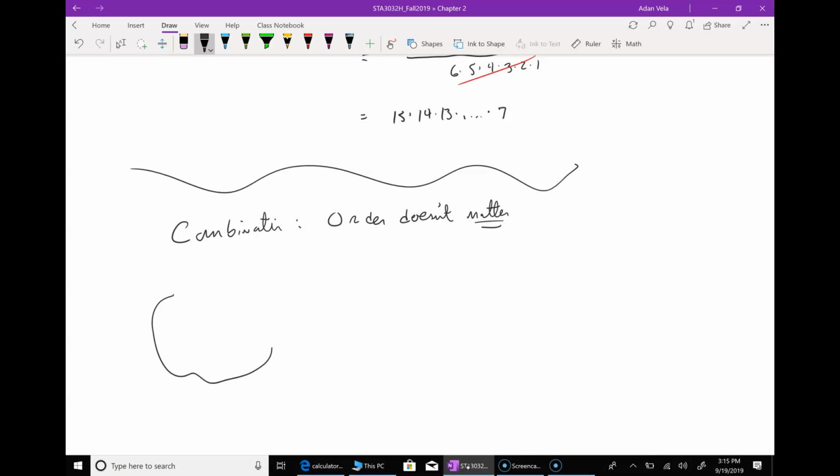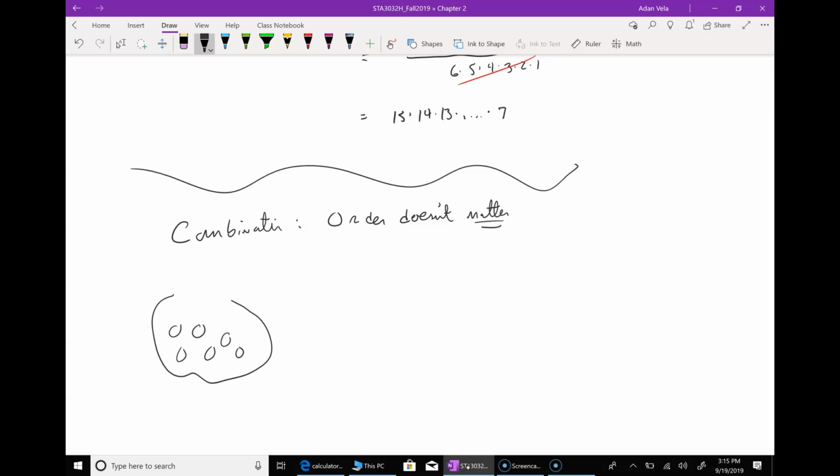Okay, so we might still have our bag of balls, right? Or in fact, I think the example that I use is sort of lottery balls. And we're going to draw a ball out one at a time. And it actually doesn't matter what order the balls come out in. So if you guys ever see lottery, what they end up doing is after they draw the balls, they actually sort them, okay, from smallest to largest. So it doesn't matter what order they come in.